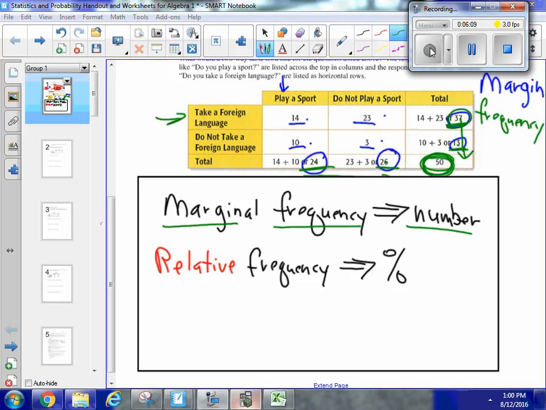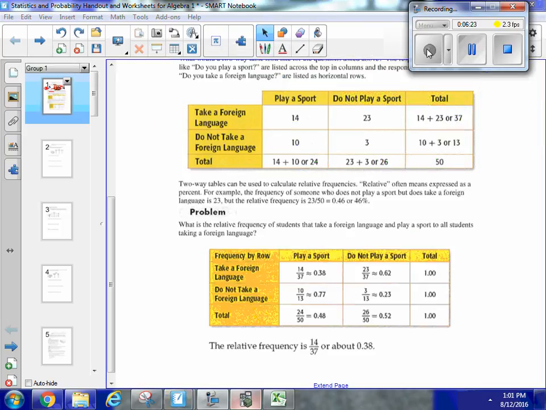But if I am asked for a relative frequency, I'm going to have to calculate some kind of a percentage. So, for example, the marginal frequency of someone who does not play a sport but does take a foreign language is 23.